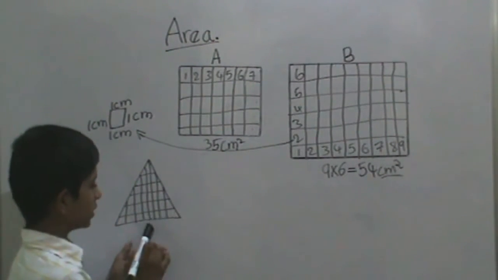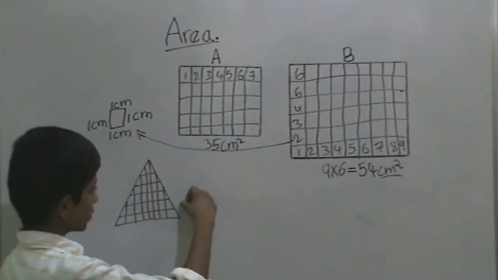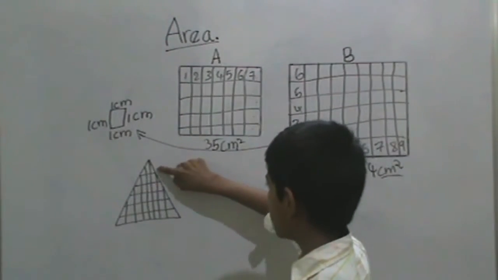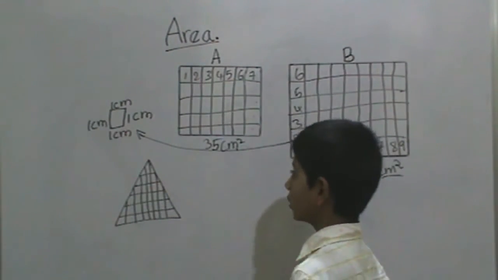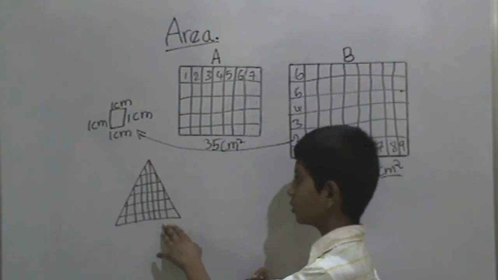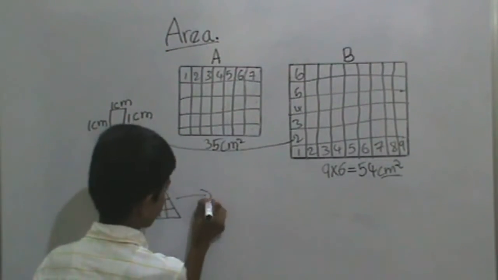Now, it is not easy to count all the boxes in this triangle. Some centimeter square boxes are cut at the edges. So, it is not easy to calculate the area of this triangle. So, for shapes like this, you have formulas.